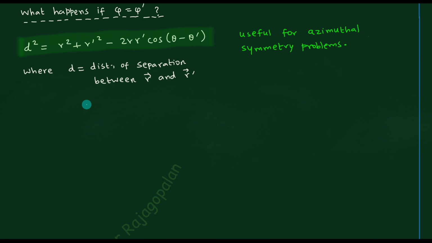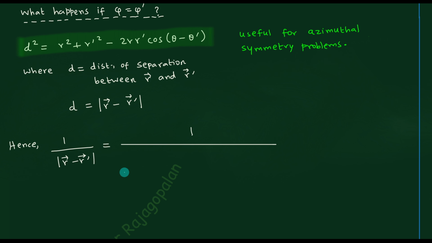So if that is the case, then we can now write down that d is nothing but modulus of r minus r prime, in which case we would like to know how the 1 divided by r minus r prime will look like, because this is what we wanted, right? Because for electric potential. Now let us write down that this is 1 divided by of the entire square root there. So simply copy that entire expression.